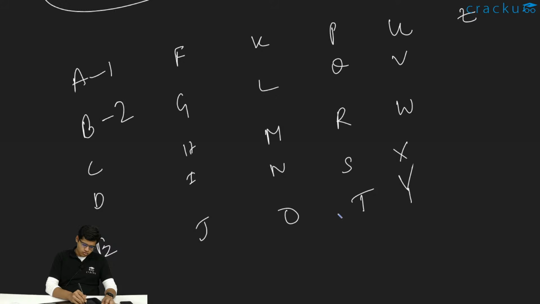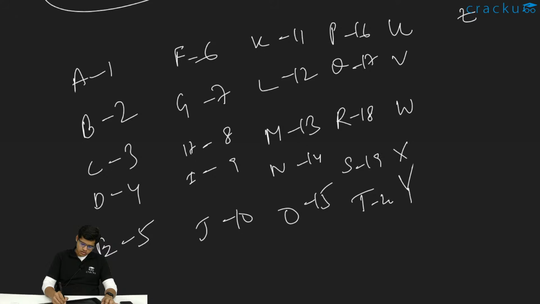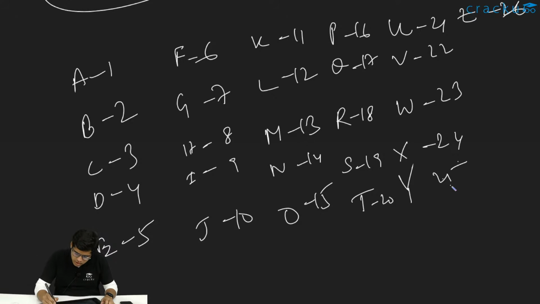So 1, 2, 3, 4, 5, 6, 7, 8, 9, 10, 11, 12, 13, 14, 15, 16, 17, 18, 19, 20, 21, 22, 23, 24, 25, and this is 26.